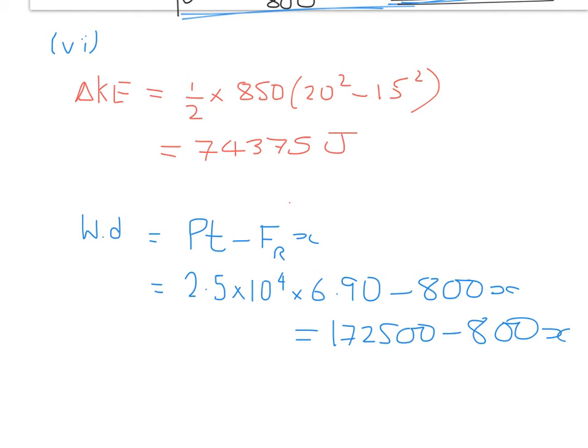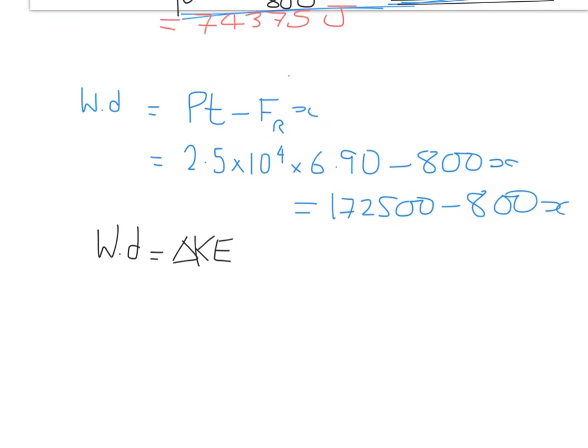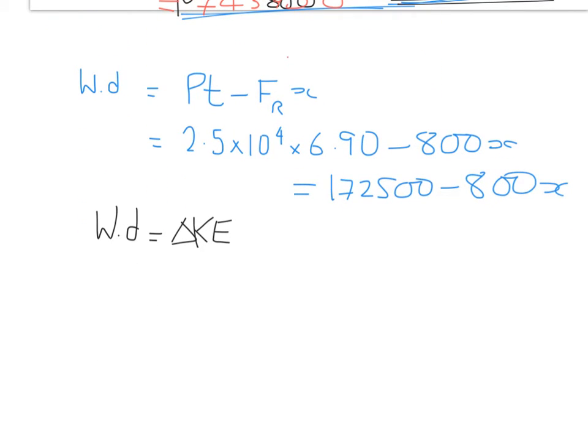Okay, and then we're going to apply the principle of conservation of mechanical energy. So the work done is going to be the change in the kinetic energy, because we're not changing any GPE here. And so by doing that, we know that 74375, which was the change in kinetic energy, is equal to the work done.